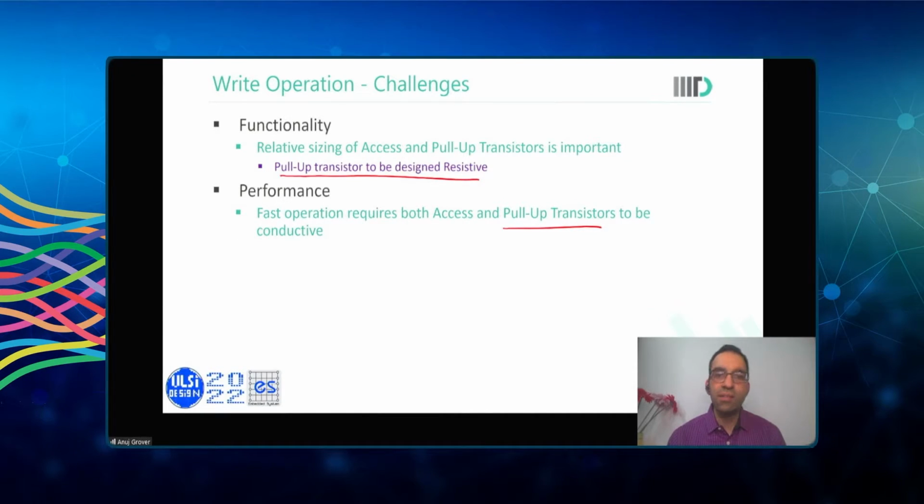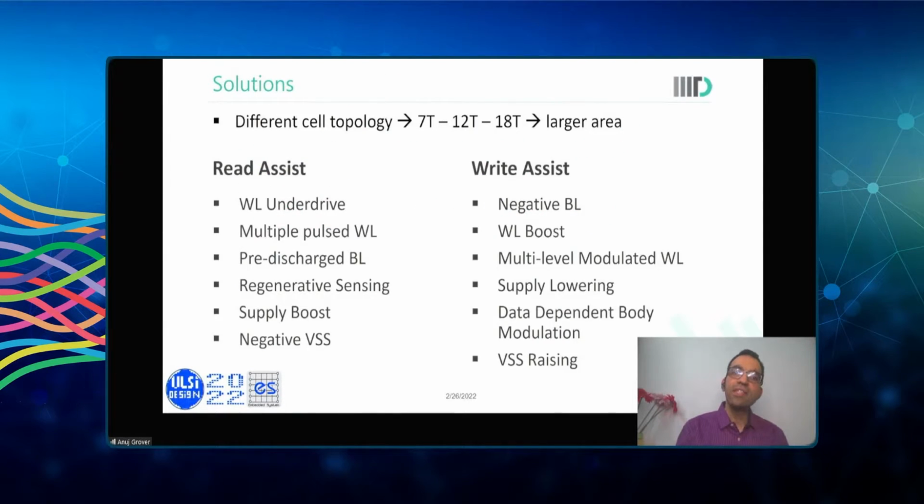The way to handle these kinds of conflicts has been two-pronged. The first is that people have proposed different cell topologies. If you open IEEE Xplore and search for SRAM cells, you will see SRAM cell topologies, 6T as I just told you.